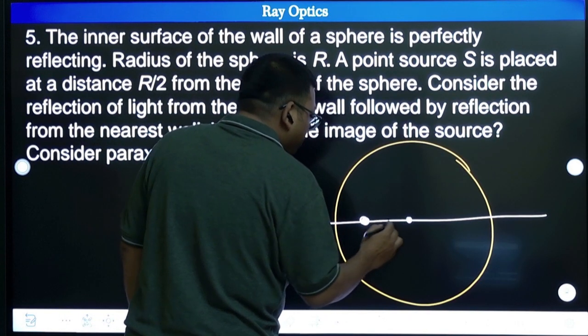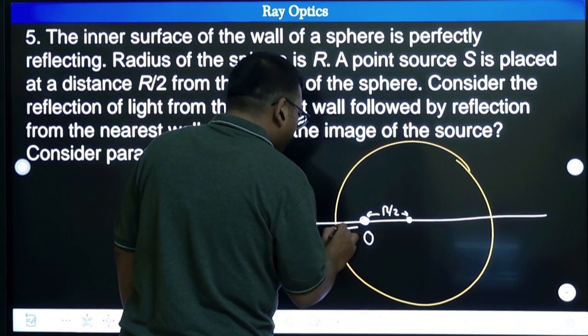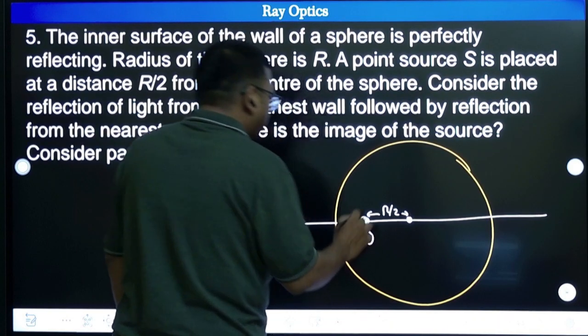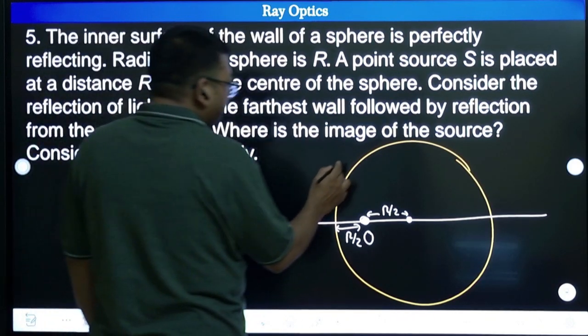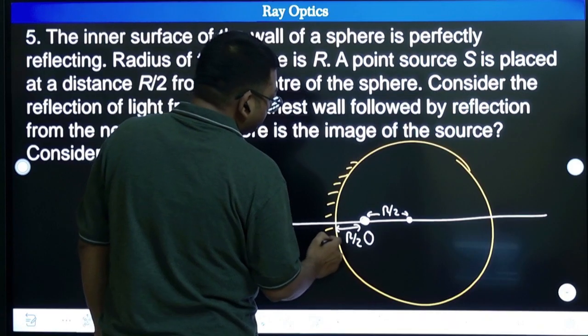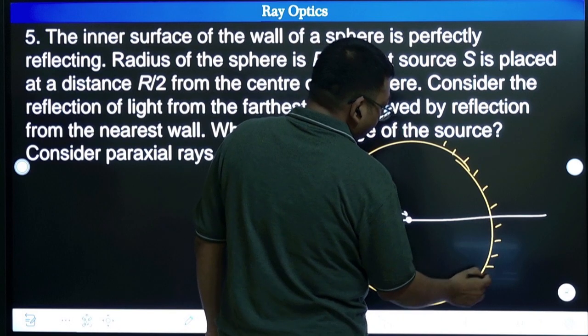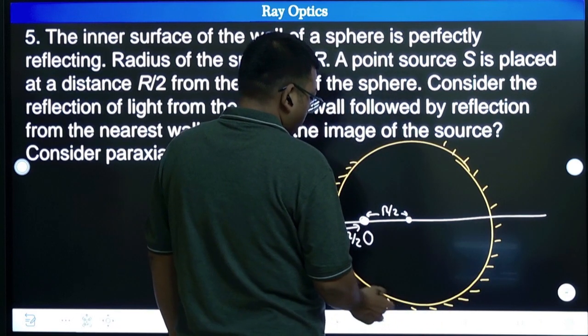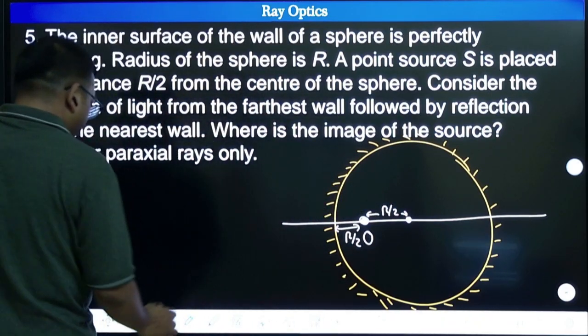This is the object, at a distance of r by 2 from the center, so this side is also r by 2. Here they are considering that the inner surface is reflecting, meaning the outer surface is painted completely. That means it's going to be a concave mirror.